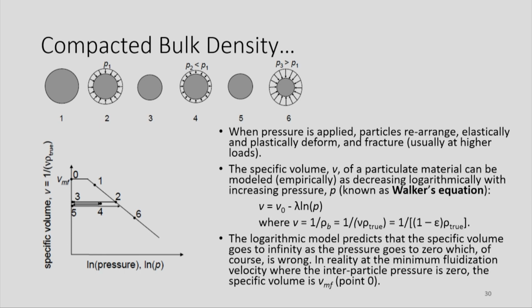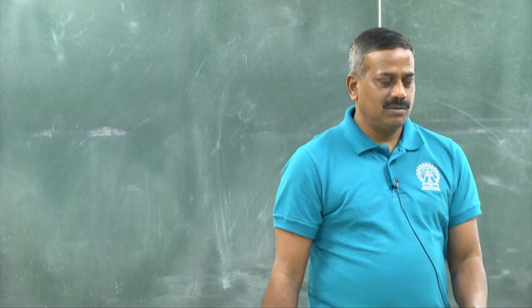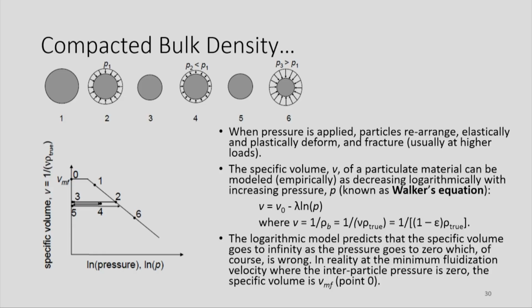Okay. So during compaction, again you can calculate the specific volume. That's called the Walker equation, very highly used by the pharmaceutical industry when they make tablets, etc. Okay, compacts, tablets. Again, it's a logarithmic model that gives a simple relationship of change in volume.